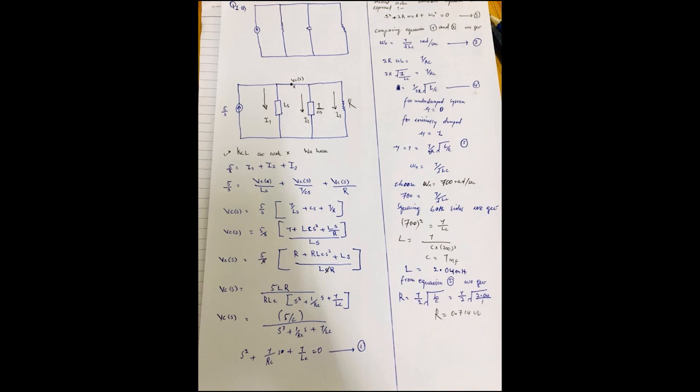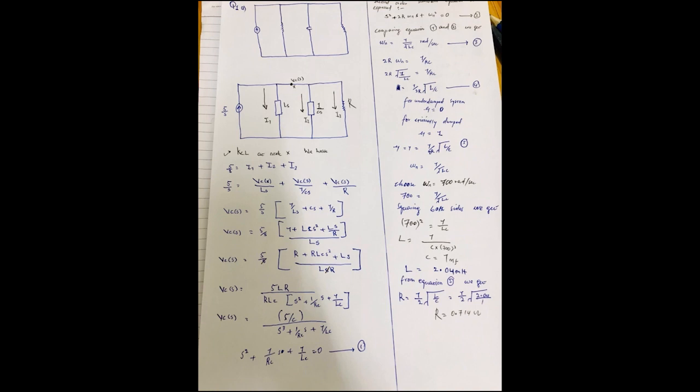As you can see here, we did some mathematical solution for our circuit. After this, we apply KCL at node X. We get equation number one, and after that equation number two. Combining equation one and equation two, we get omega equals 1 over square root LC as equation number three.